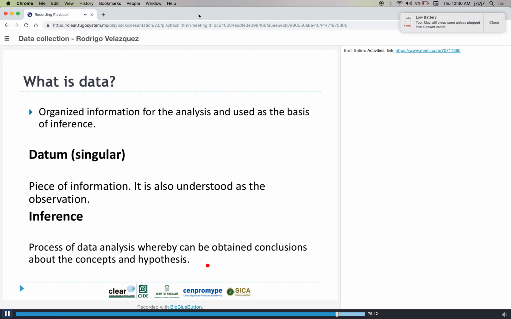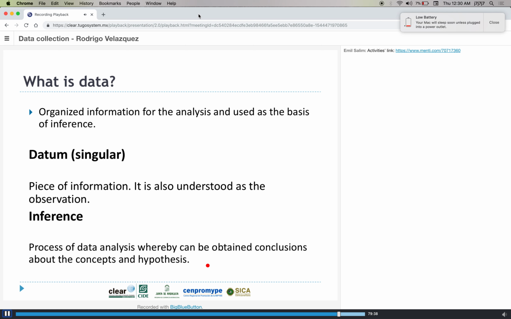So when we collect data and when we analyze data, we are making an inference because this is an analysis process. And the objective of inference is to draw conclusions concerning a concept, a hypothesis, or a specific action that we want to analyze.